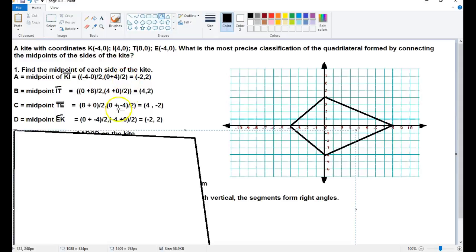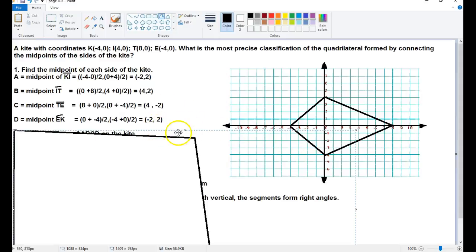C would be 8 plus 0 over 2 and 0 minus 4 divided by 2, so it's 4, -2. This one would be right about here. Sorry, midpoint of B would be right about here. Midpoint C here, and midpoint D at -2, 2 right here.